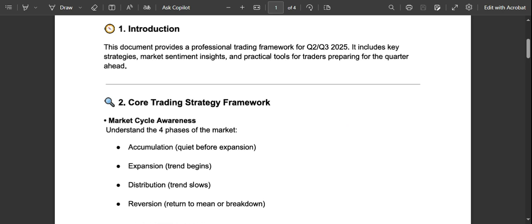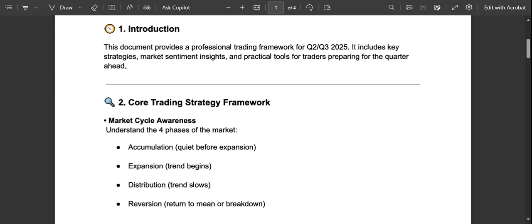Okay. So in the quarterly trading strategy, we have four phases in every market, whether it is crypto, forex, or futures. Any kind of market has four phases.